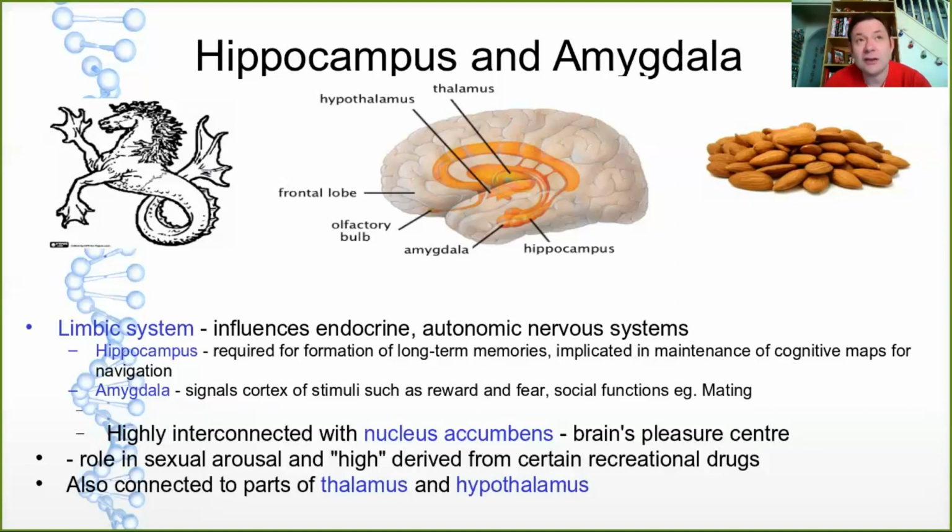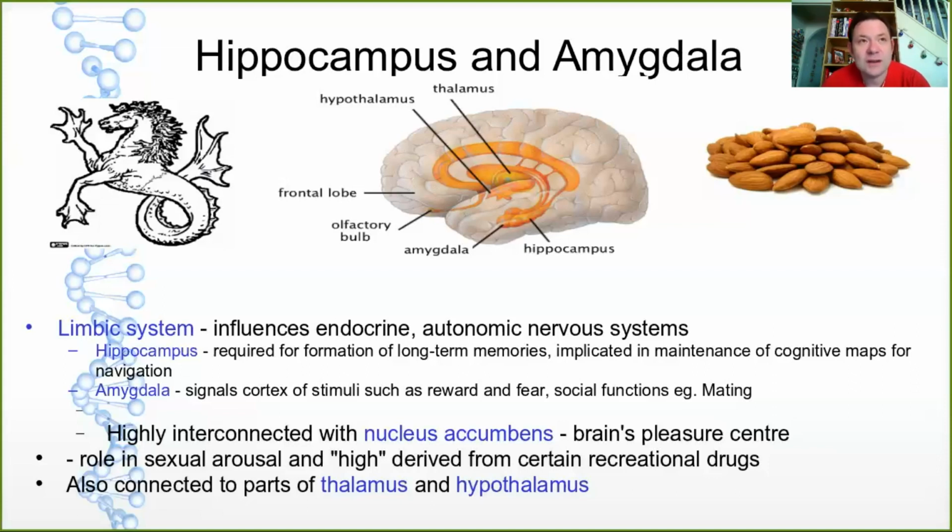But if you've drunk alcohol and you enjoyed the experience, what's happened is your hippocampus has created a memory. That memory is of the drinking of this alcohol, and the amygdala has associated a particular sensation with it. And if that sensation was pleasant, the nucleus accumbens remembers that sensation and stimulates a feeling of pleasure.